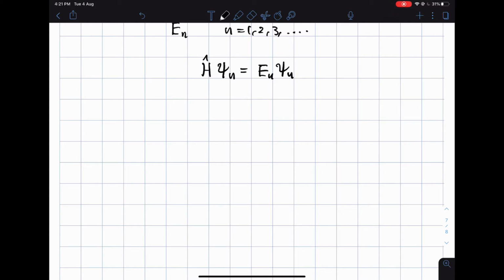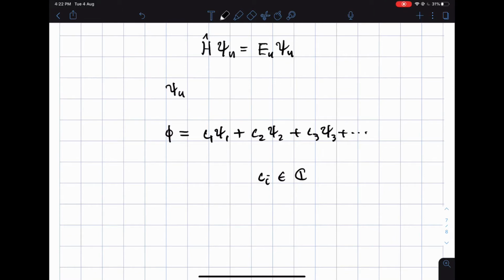So all these psi n's are solutions to the Schrödinger equation, and we can create a linear combination of all these psi's, say C1 psi 1 plus C2 psi 2 plus C3 psi 3, and so on to infinity, where the Ci's are complex constants.